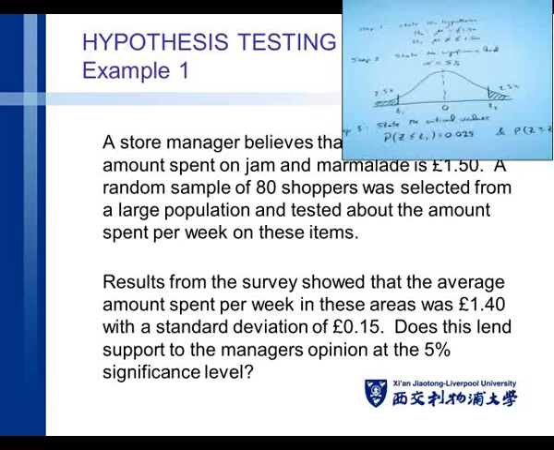Remember, the distribution is symmetric, so one is going to be a negative number, the other is going to be the positive number, because the distribution is symmetric.